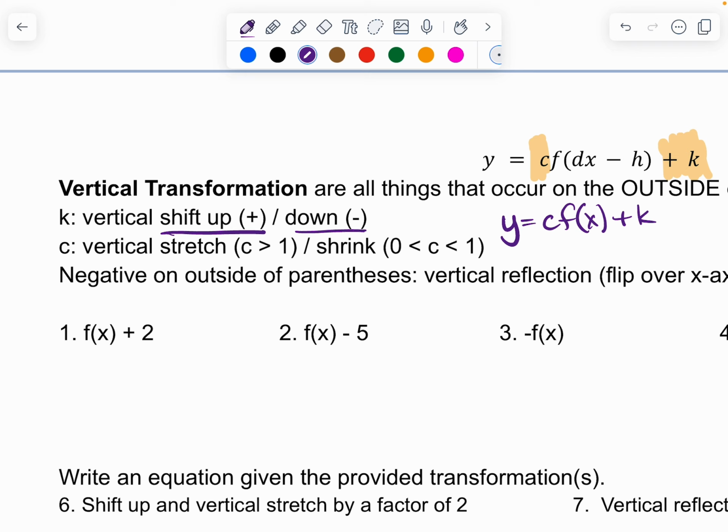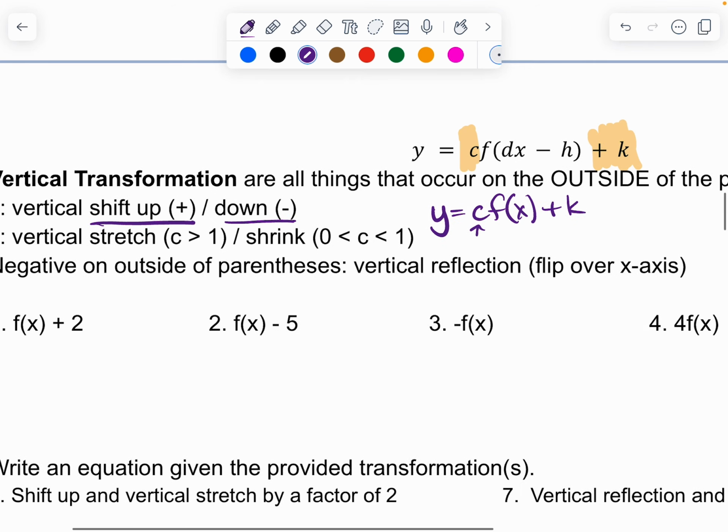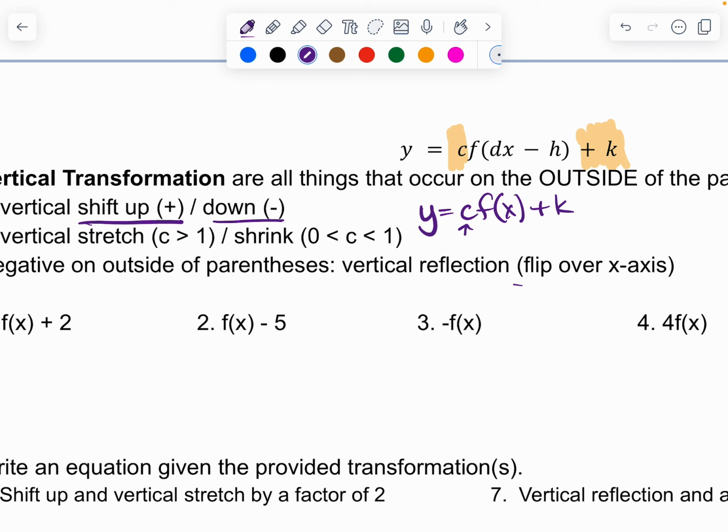If it says minus, we're going down. Vertical stretch, those are the C values. If it's greater than 1, it gets bigger, it stretches. If it's between 0 and 1, it shrinks. And then the negative on the outside of the parenthesis reflects over the x-axis.